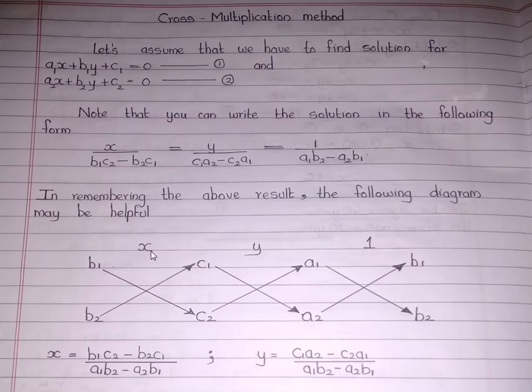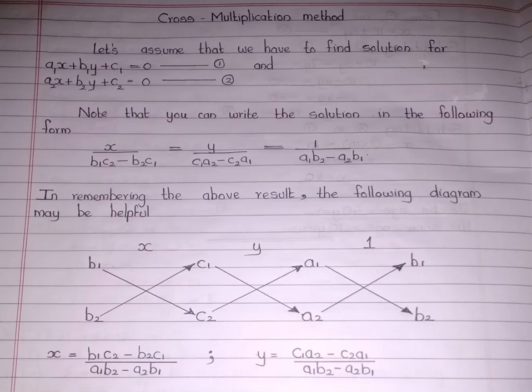We'll see x, y, 1. You should write first x, then y, then 1. Then b1, c1, a1, b1 in the first row, that is b, c, a, b.